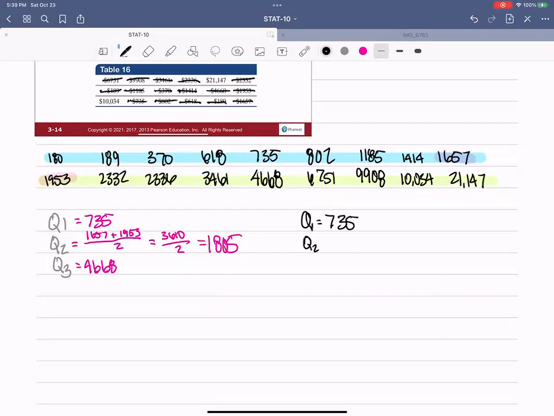Our second quartile equal to 1,805. And our third quartile equal to 4,668. And these make up our 3 quartiles of this data set.